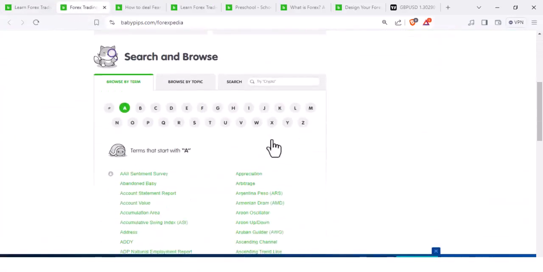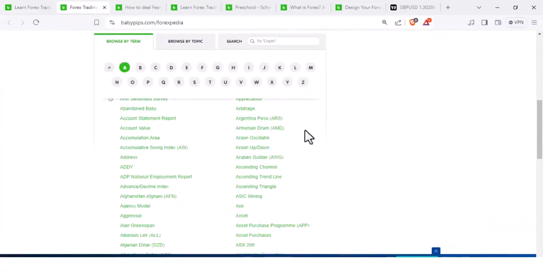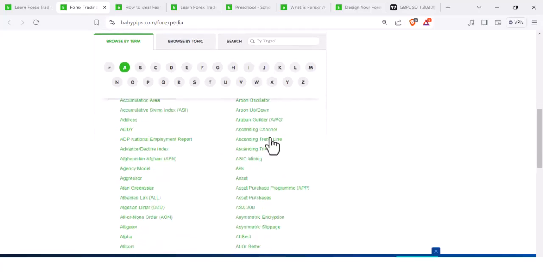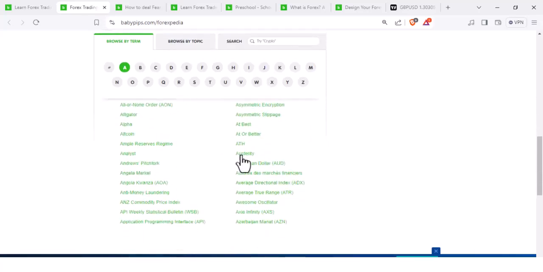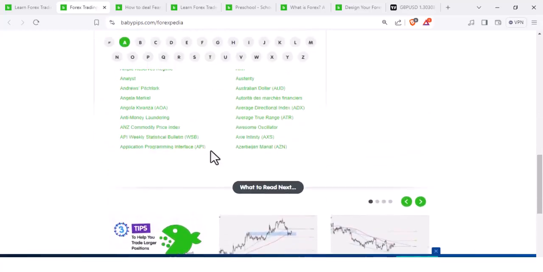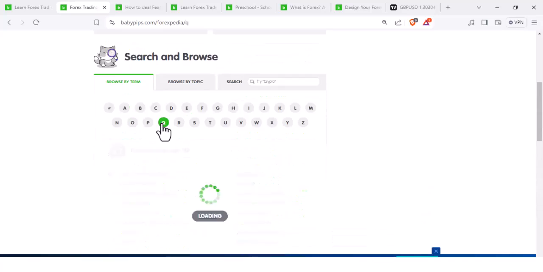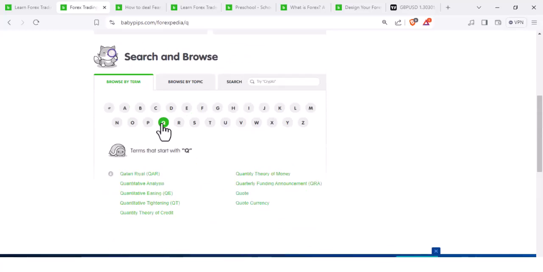Here is the Forex Glossary, and you can begin to see lots and lots of terminologies that you are not yet acquainted with. You can click on any one of these and learn what they actually mean. It's very, very important, and it's a great way for you to begin learning Babypips as well.